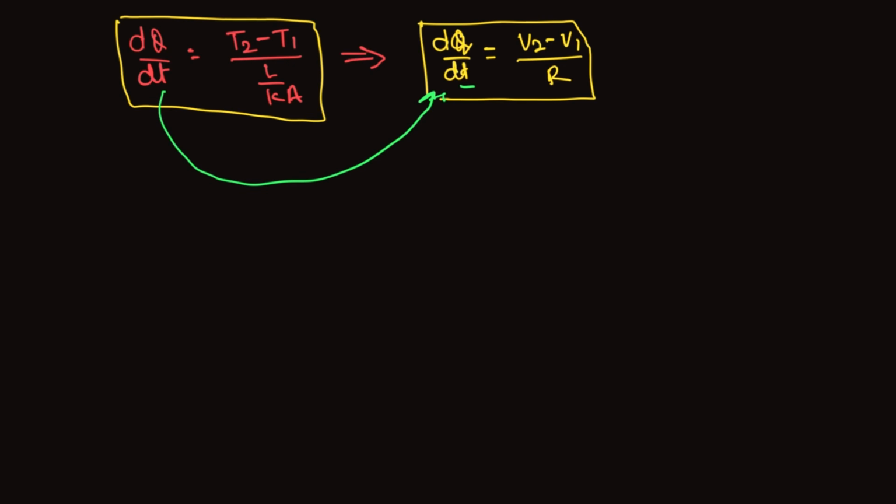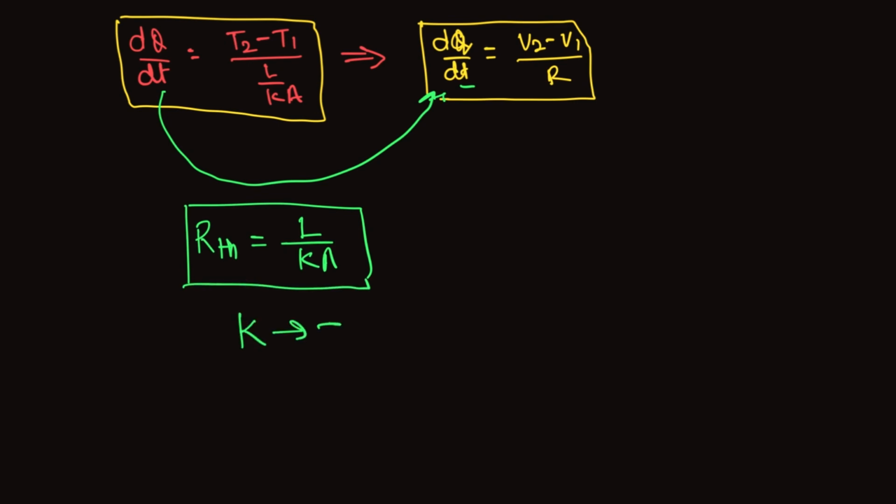So this is the electric resistance, and this one is the thermal resistance. So we got one formula for thermal resistance: R thermal is equal to L divided by kA, and in this formula k is a constant called thermal conductivity. Thermal conductivity means that if there is more thermal conductivity, heat transfer will be easier, and if there is less thermal conductivity, heat transfer will be difficult.